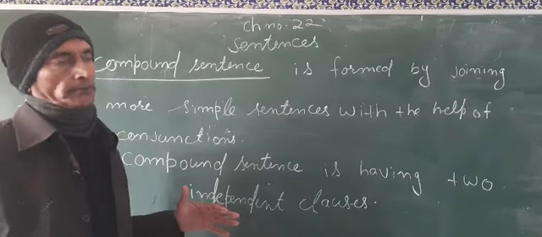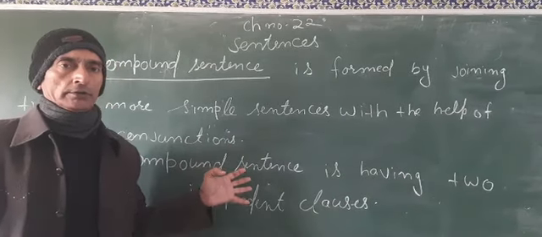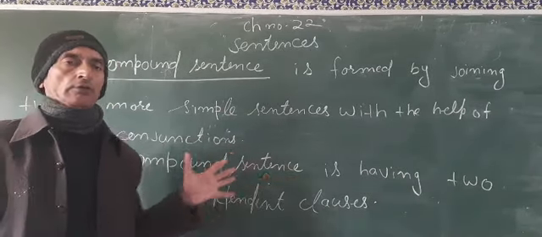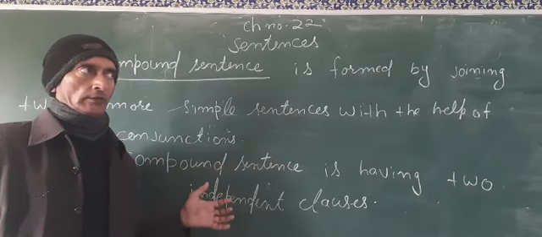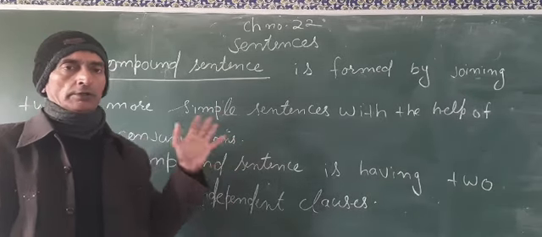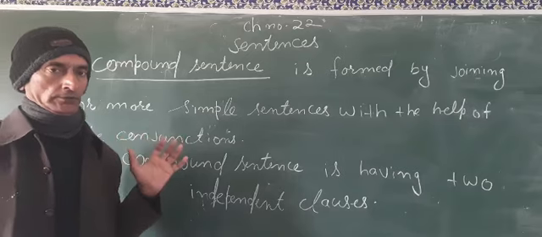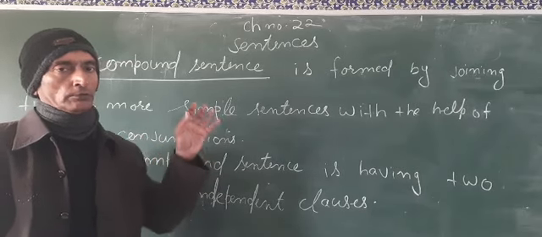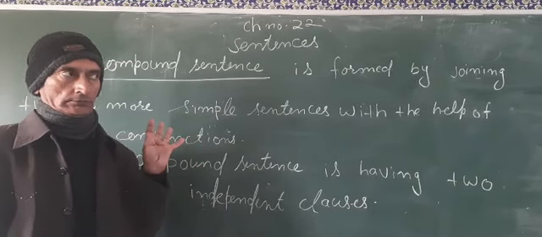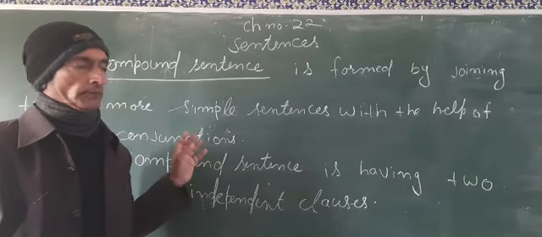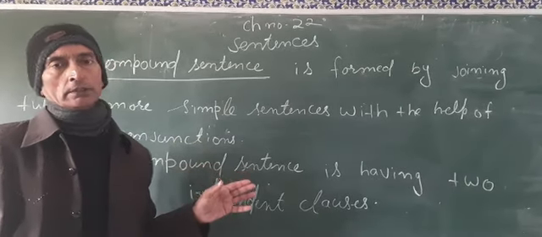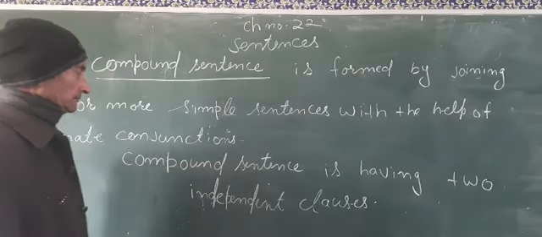We can call them the main clause and the coordinate clause. One main clause will be there and one other coordinate clause, or independent clause. We can call those two independent clauses, or one main clause and the other coordinate clause.